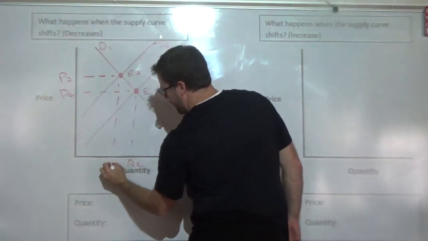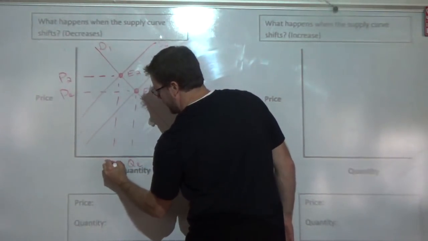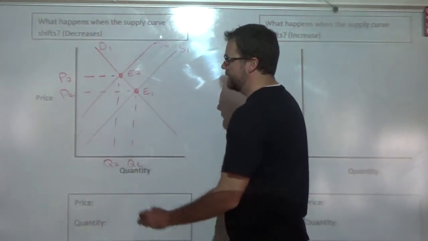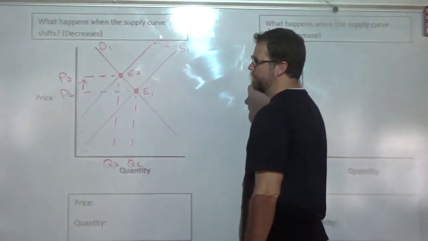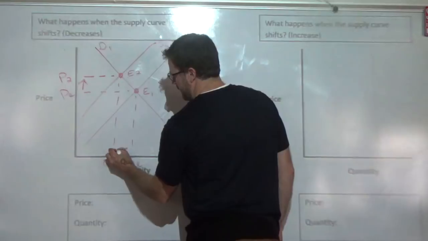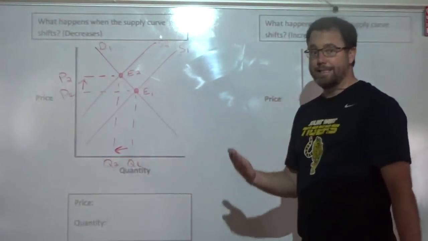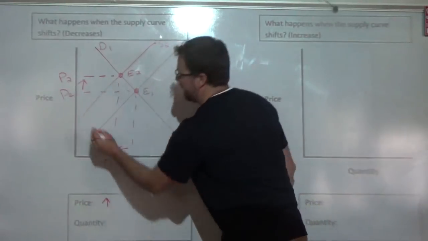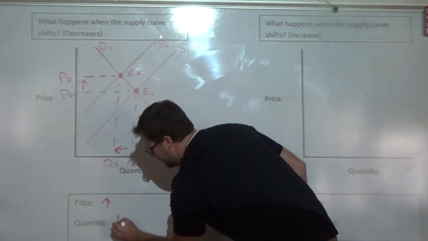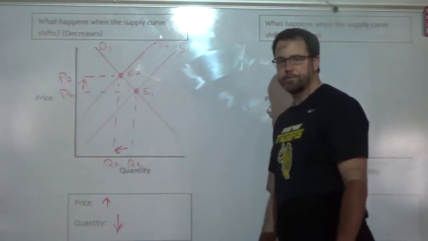What happens to our price and quantity equilibrium? So we can see that when this scenario takes place, our price equilibrium increases, our quantity equilibrium decreases. So we can go ahead and write this down. Price goes up, quantity goes down.